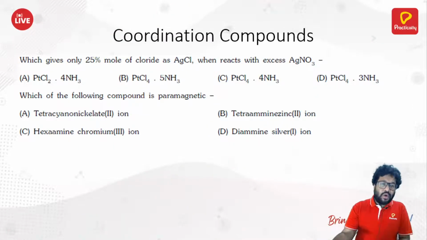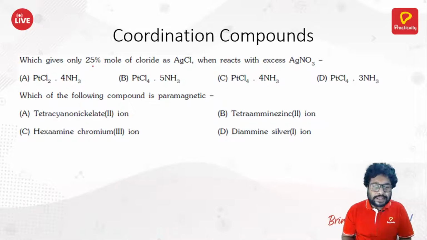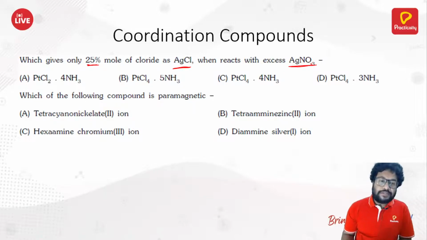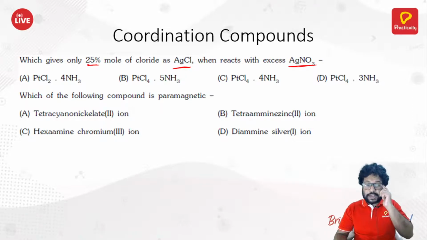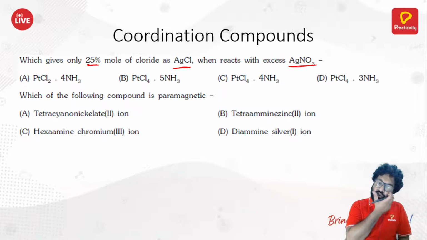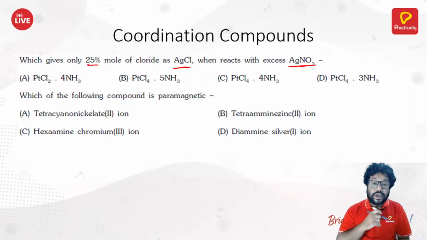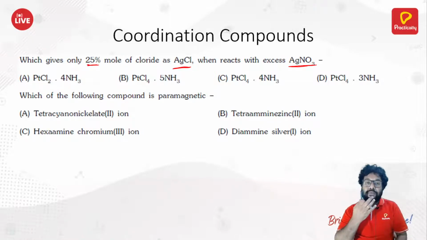which gives 25% mole of chloride as AgCl when it reacts with AgNO3. So 25% mole of AgCl when it reacts with AgNO3, that means the compound is having 4 chlorides and it is giving only 1 chlorine, because 25% means out of 4, only 1 chlorine is going with the AgNO3 in the form of AgCl.